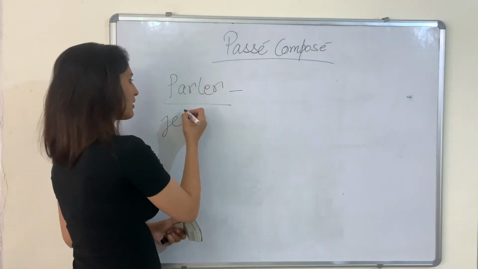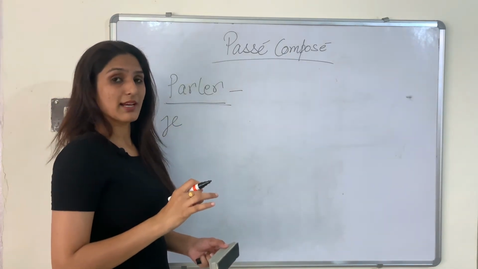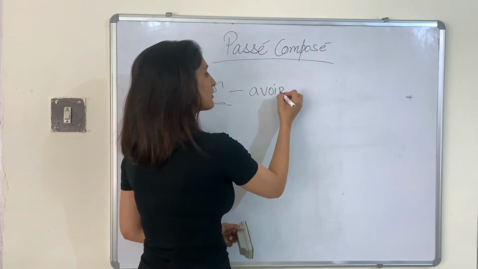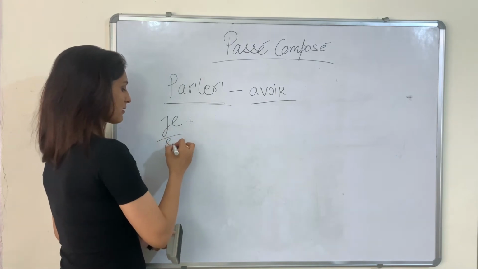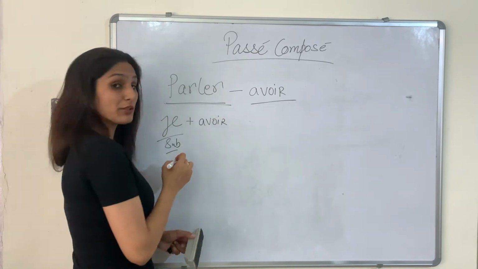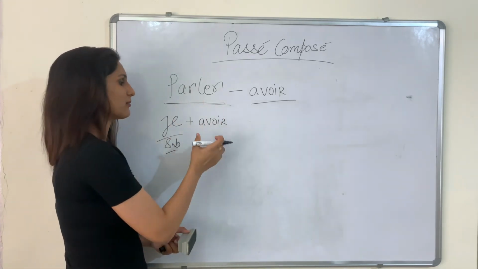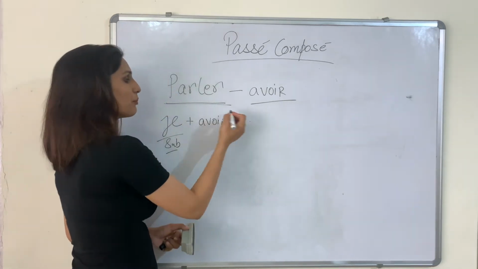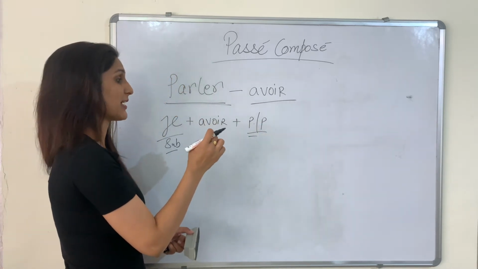Okay, now the logic behind maximum ER verbs is that they are going to have avoir. How? This is your subject plus avoir conjugated according to your subject, and then the past participle form, spoke, which I need actually.